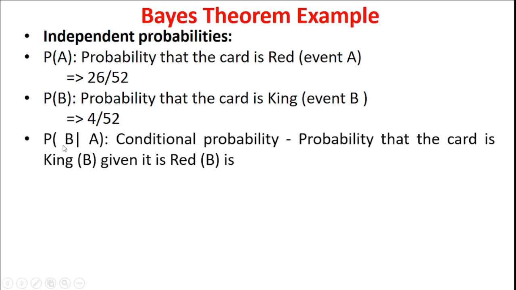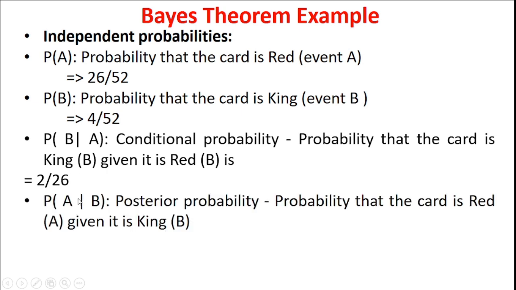So the probability of B given A is called conditional probability: the probability that the card is a king given that it is red. How many kings are present in red? Only 2 cards. So there is 2 divided by 26. So what is the posterior probability?